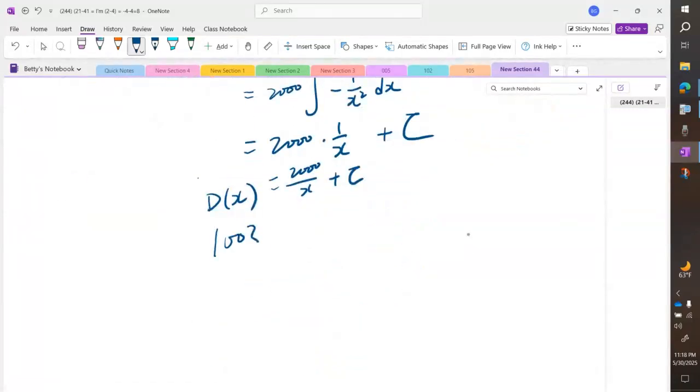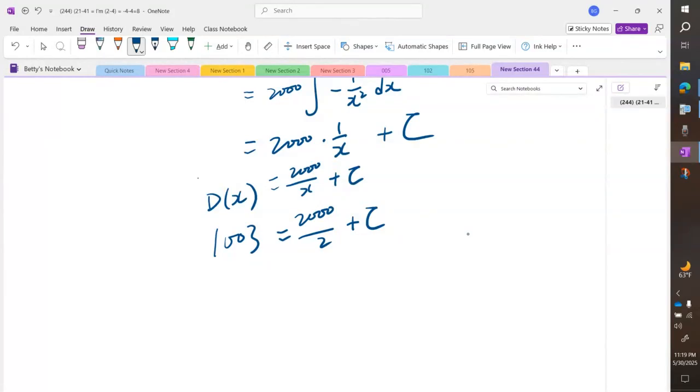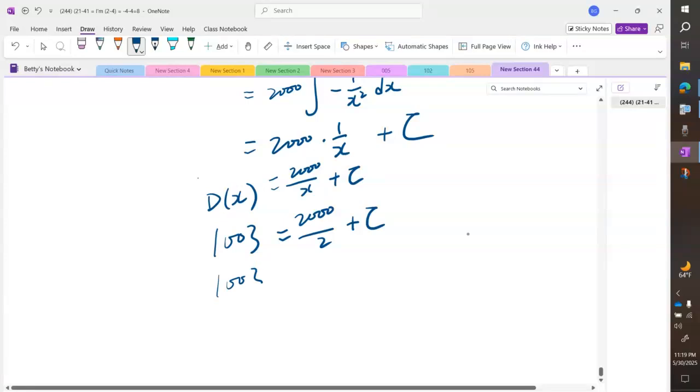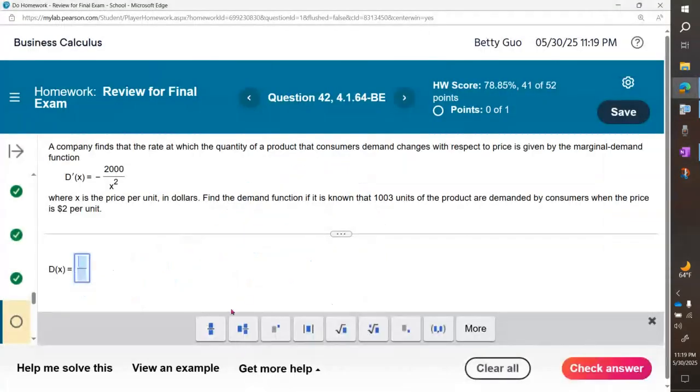We plug into the demand function, and it should give us a true statement. c is the only unknown, so we can find it. 1003 equals 2000 divided by 2, which is 1000, plus c. So c has to be 3. The demand function is 2000 over x plus 3.